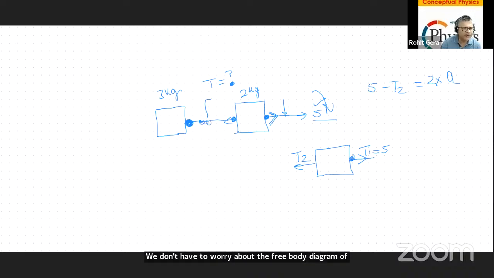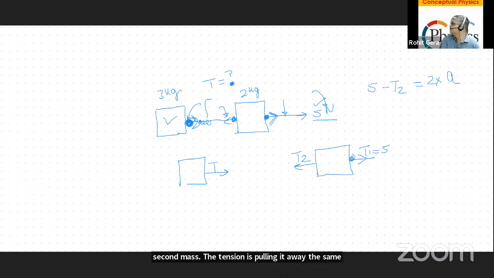We worry only about the free body diagram of the masses. This is the free body diagram of the second mass. The tension is pulling it away. The same tension which made an appearance here is now making an appearance here.